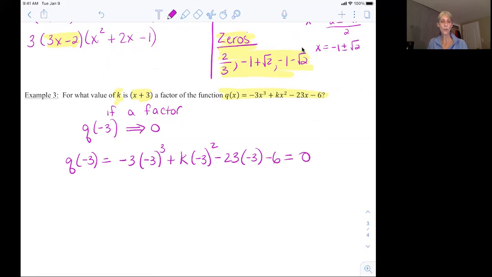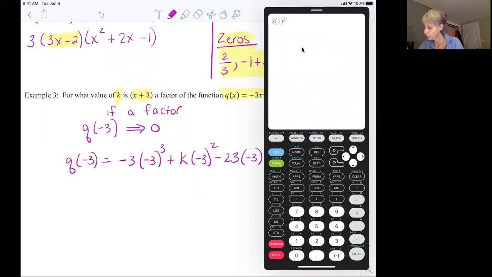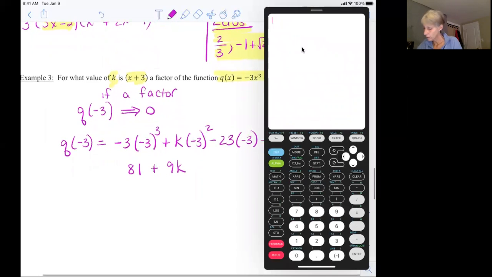We have to remember to set that equal to 0. I didn't do the math out. Do I have my calculator here? Yes, I do. So I have negative 27 times negative 3. That's going to be 81 plus 9k and negative 23 times negative 3 gives me negative 69.